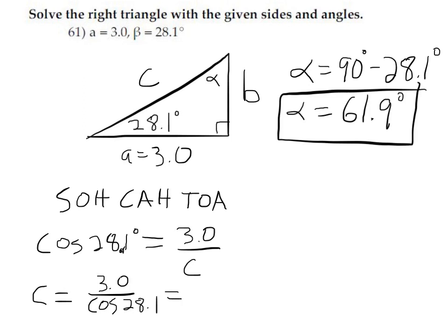Make sure you're in degree mode, and you get C equals 3.40087, rounding to one decimal place, as A and beta are both in one decimal place. This is 3.4. So C equals 3.4.